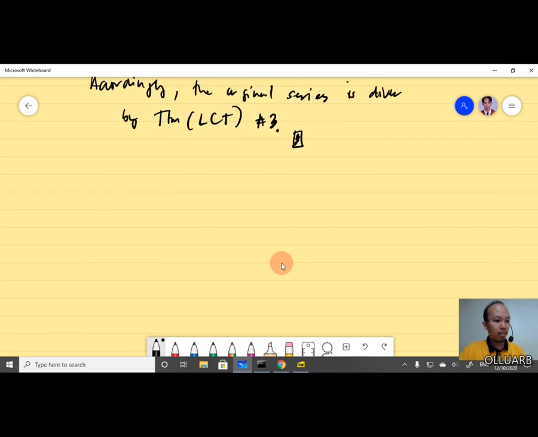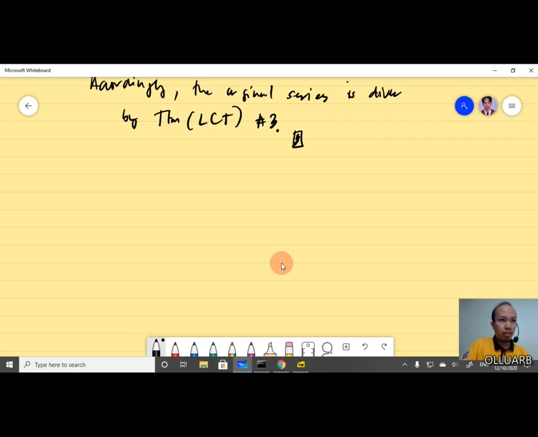For this last example, this is very important because you will be tempted to write the conclusion as a divergent series in the end if you are not careful on how to deal with this kind of problem.